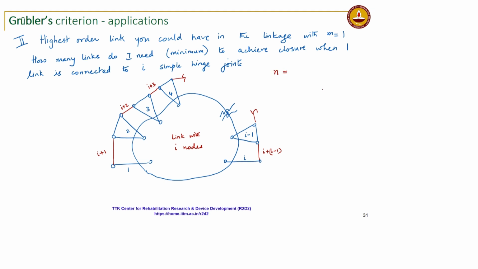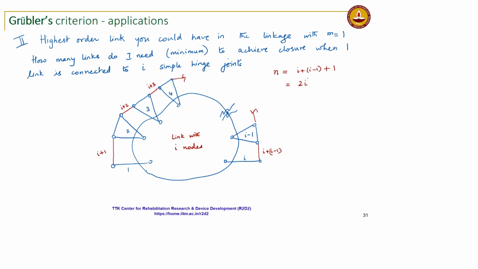N equal to I plus I minus 1, that is the total number of links, plus 1. That gives me N equal to 2I. So, if I have a link with I nodes, I need a minimum of 2I links to make a single degree of freedom mechanism.